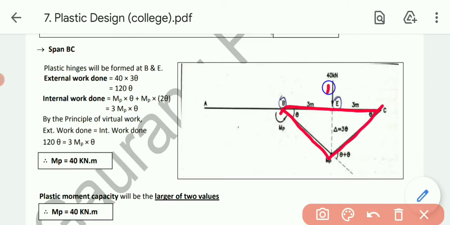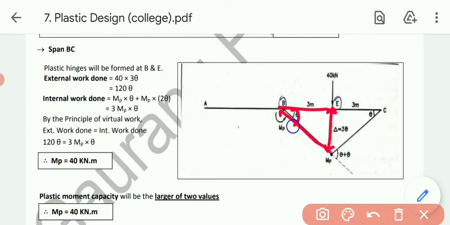As it is a central point load, both theta will be equal, and central deflection will be there. So let's first derive the relation between theta. This 3 into theta equals this 3 into theta, so obviously both theta will be equal. There is no issue with that one. Now let's derive the value of deflection. Let's consider any of the triangles, left or right hand side.